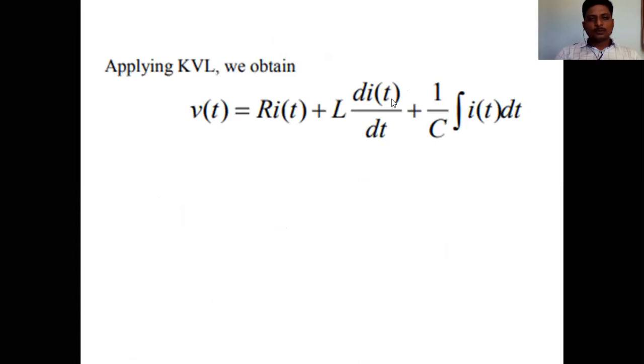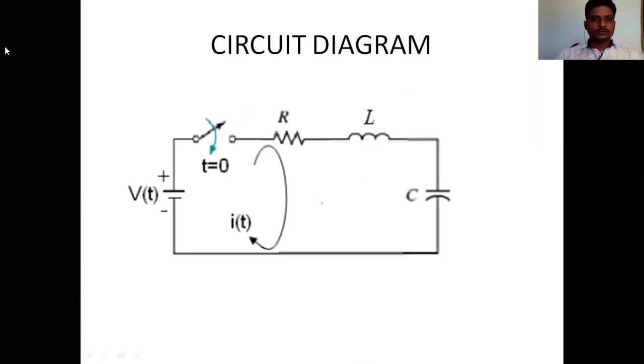First we have to apply KVL. KVL means Kirchhoff's voltage law: the algebraic sum of voltages in a loop is equal to 0. So we can write minus V of t plus R into I of t. R into I of t means voltage drop across the resistor.